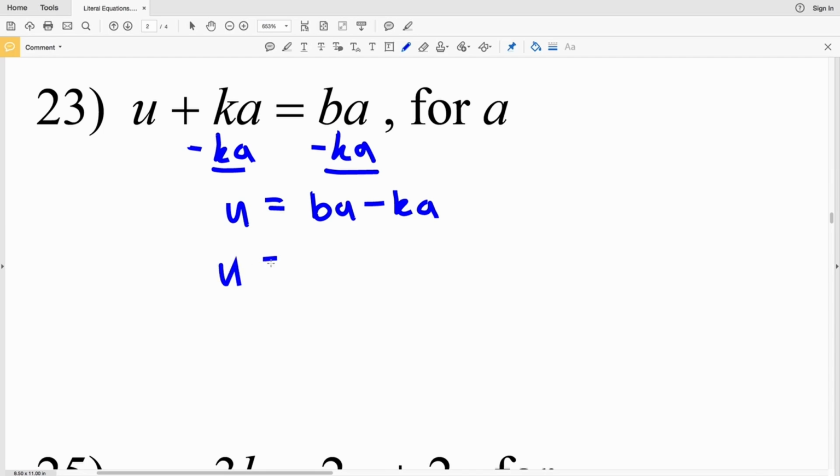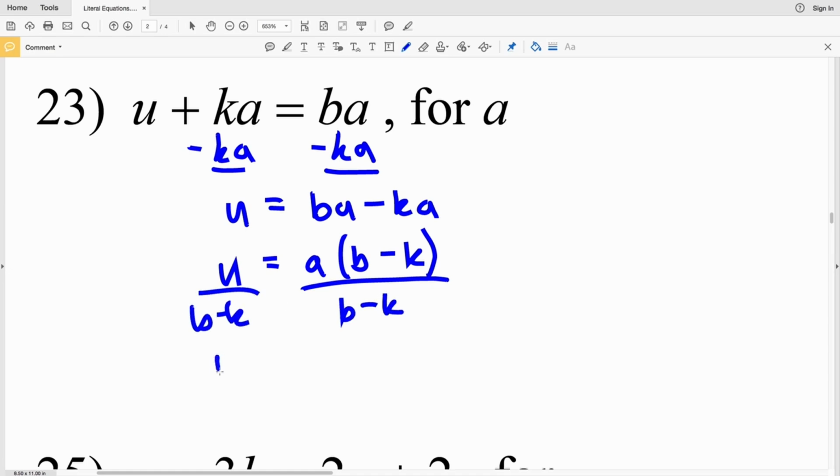So I'll have u equals a times b minus k. So if I was to redistribute that, you can see that it would be ba minus ka. So now I can divide by that whole quantity b minus k. So u over b minus k equals a.